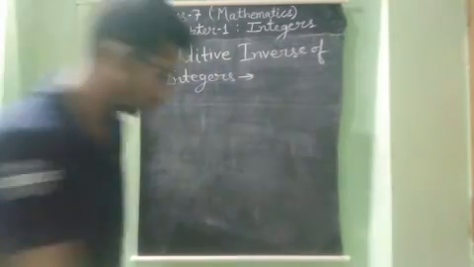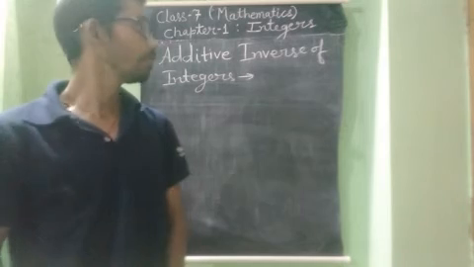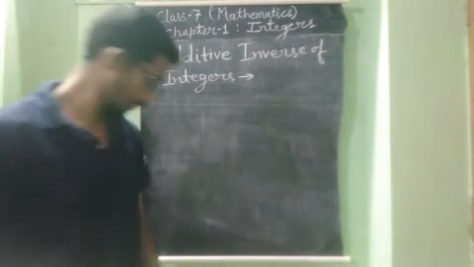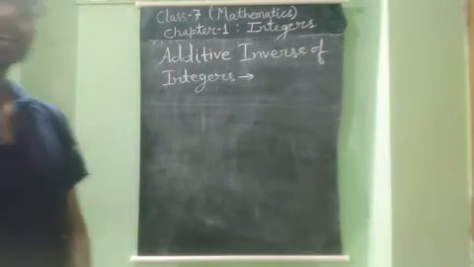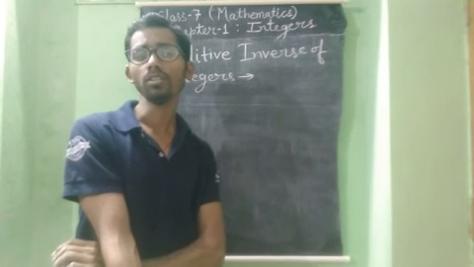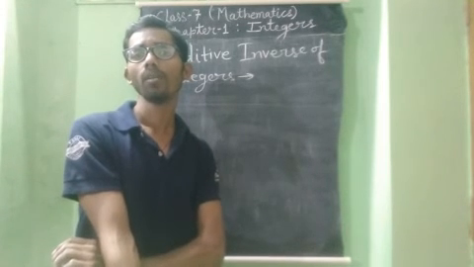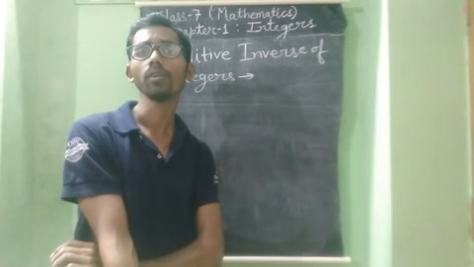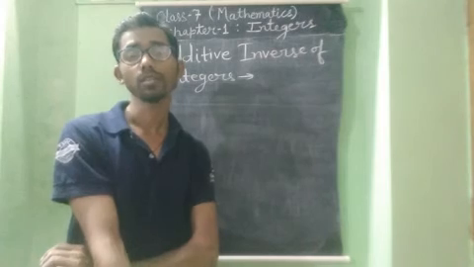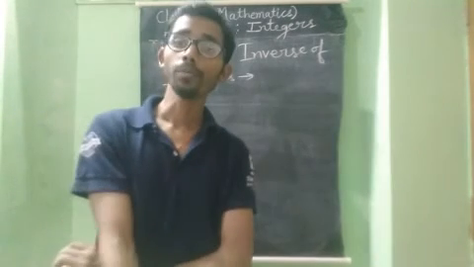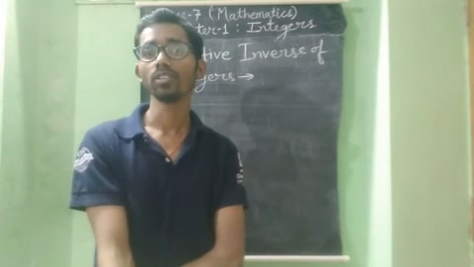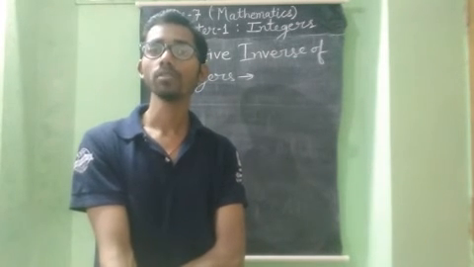Additive inverse of integers. This is our next topic. If we add a number to another number and these two numbers become 0, then one of them is called the additive inverse of the other number. Means a number is said to be the additive inverse of another number if the addition of those two numbers becomes 0.